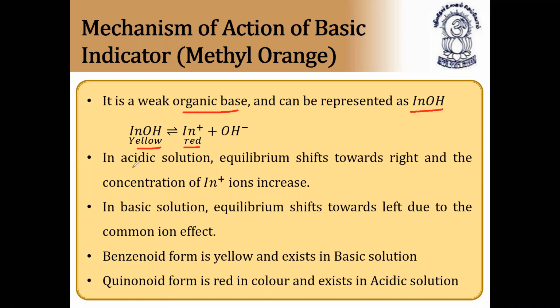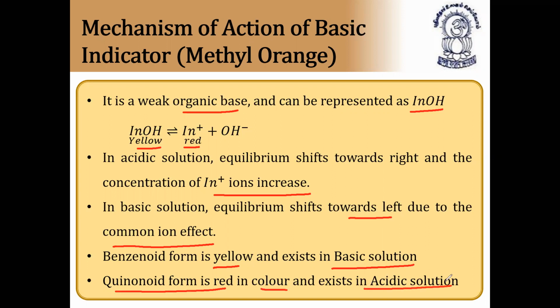In acidic solution, equilibrium shifts towards right, and the concentration of IN plus ions increases, so it forms red color. And in basic solution, equilibrium shifts towards left due to the common ion effect and it is yellow in color.